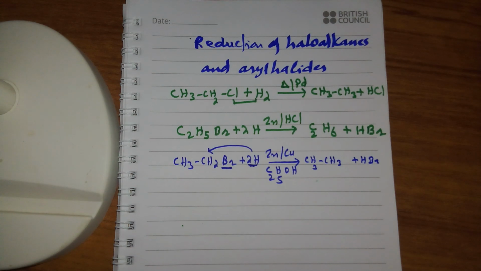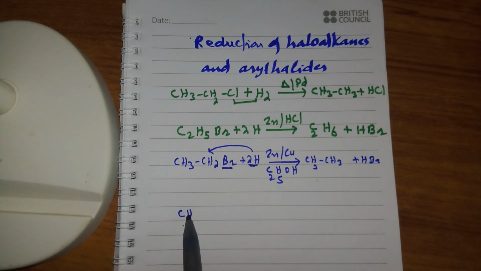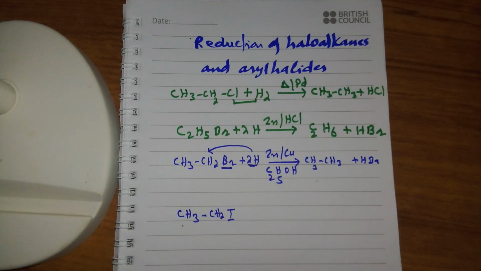Again, we have another very important reaction. For example, I have CH3CH2I. This is ethyl iodide.